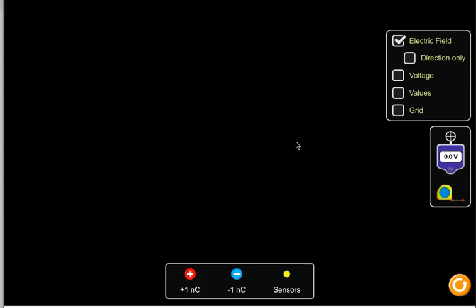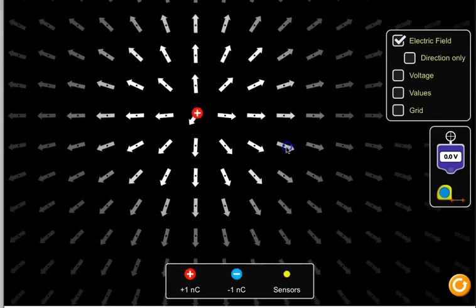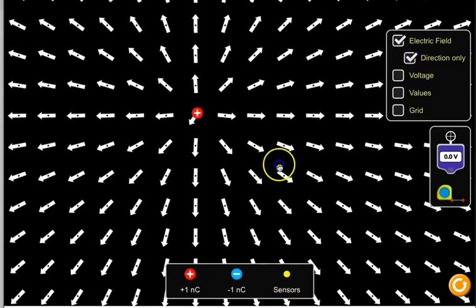And that's what we're going to focus on. When you put the sensor on, let's do direction only. When you put the sensor on, it shows you the direction and magnitude of the E field. The electric field should be stronger when closer, weaker when further away.